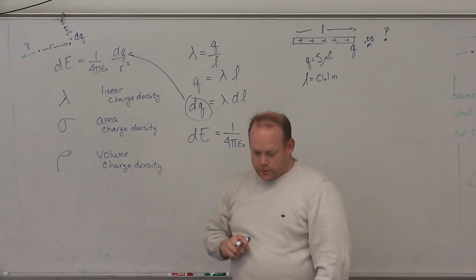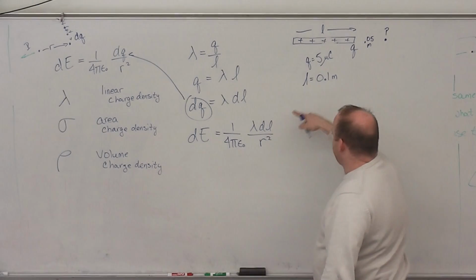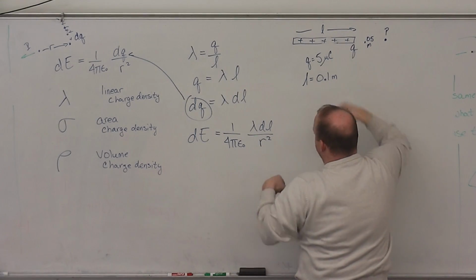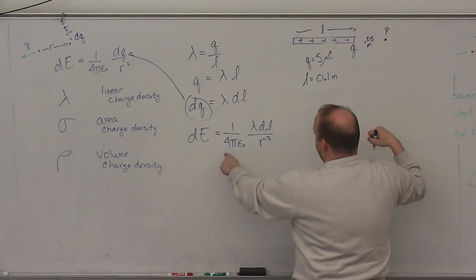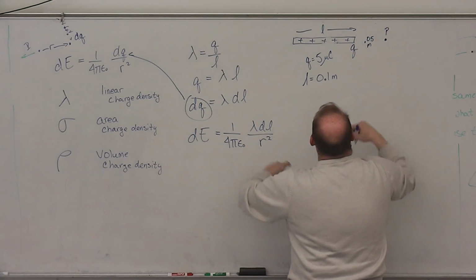So now, in doing this, lambda is going to be the charge per unit length. It's going to be Q over L. Okay. I'm going to have over the dl here, my r.